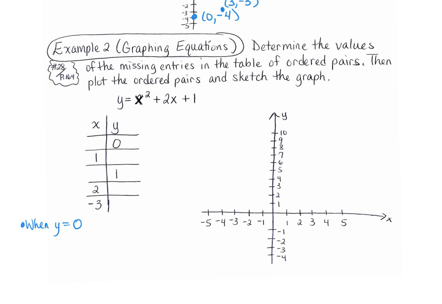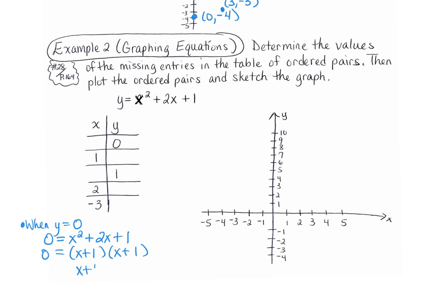Oh, okay. All right. When y is equal to 0, we have 0 equals x squared plus 2x plus 1, which means we have to solve for x. Well, this factors as x plus, times what? You got it. So you get the same answer, but it's just repeated.